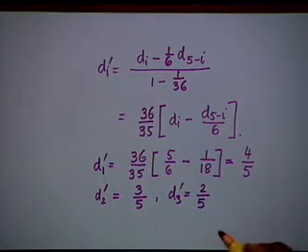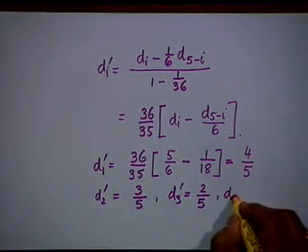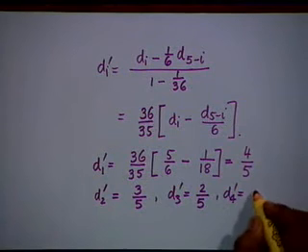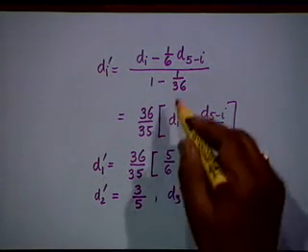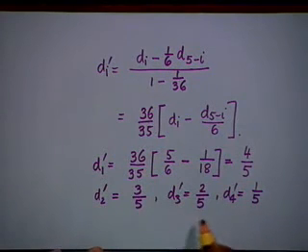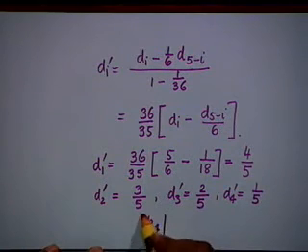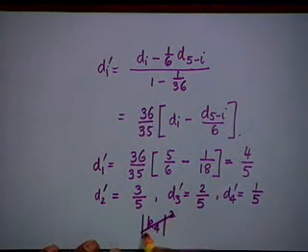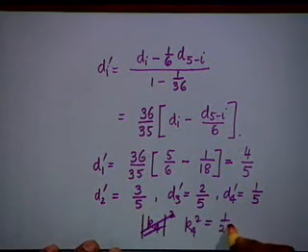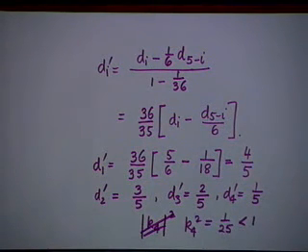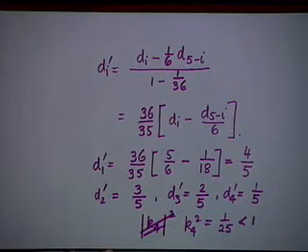Yes. Okay, and d4 prime is equal to 1/5. The same formula. Now therefore K4 squared, no, not magnitude squared, K4 squared is equal to 1/25, which is less than 1. The test has not failed yet.